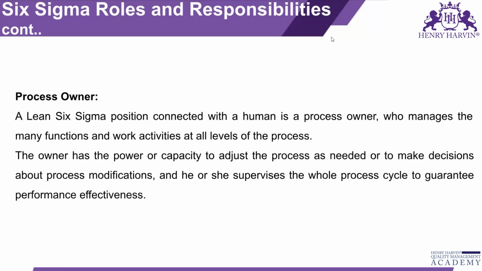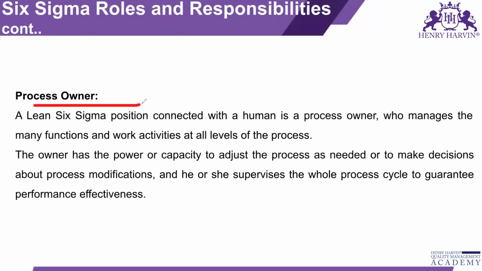Now let's talk about process owners. In Lean Six Sigma, the process owner is the position that manages the many functions and work activities at all levels of the process. The owner has the power and capacity to adjust the process as needed or make decisions about process modifications, and supervises the whole process cycle to guarantee performance effectiveness.